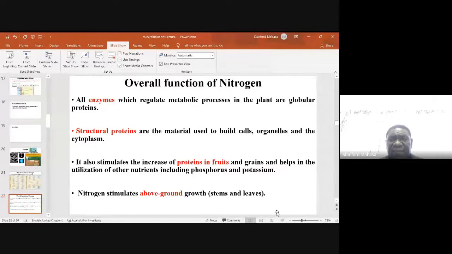So what are the functions of nitrogen? Basically, enzymes contain nitrogen. And these enzymes regulate metabolic processes. These are basically proteins, and nitrogen is part of their structure. Proteins are also used to build cells, organelles, and the cytoplasm, and nitrogen is part of their component.